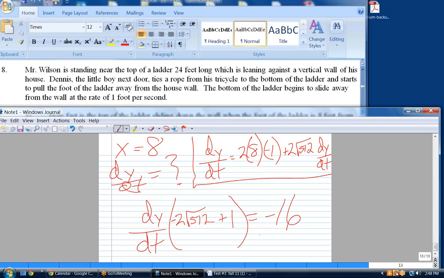So dy/dt equals whatever that number is. And is it positive or negative?